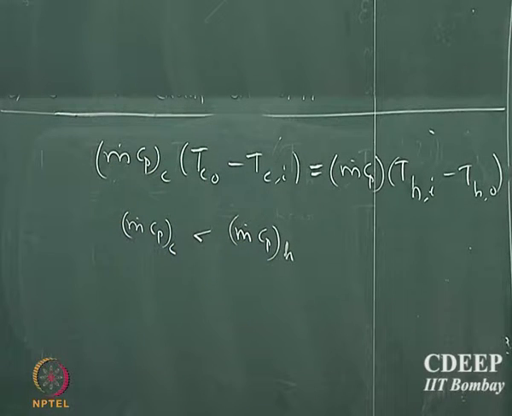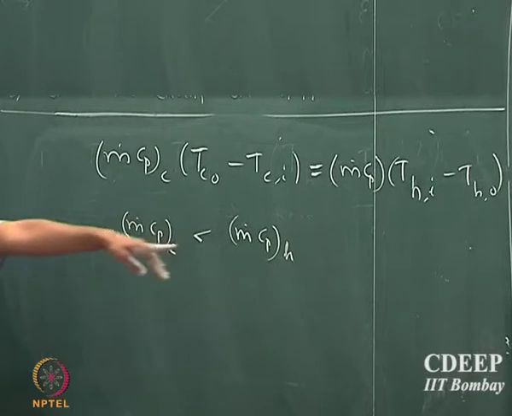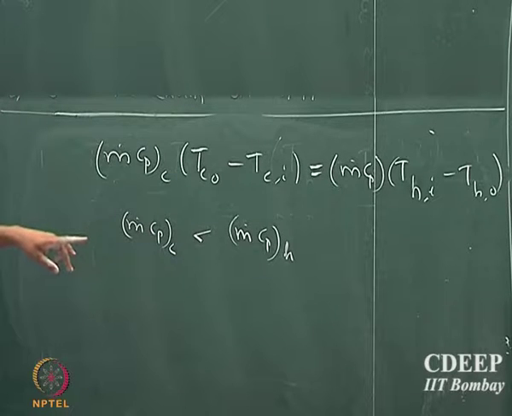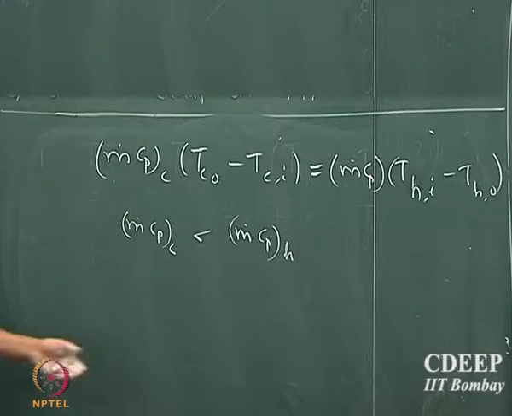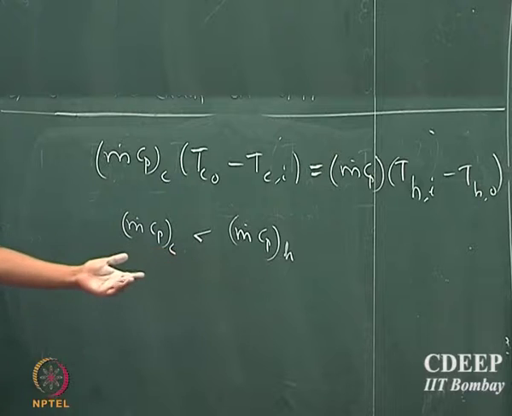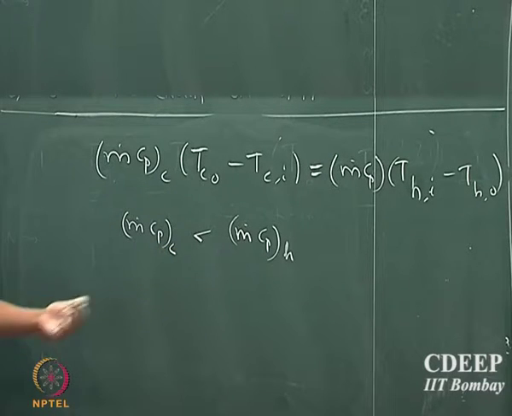Now the exercise is to find out theoretically which of these two streams is actually going to reach the maximal temperature difference, right? So really what you need to use to find the maximum heat transport rate is to find out theoretically which stream is likely to achieve the theoretical temperature difference. Only that stream's m dot Cp is what you have to use to find out the maximal heat transport rate.